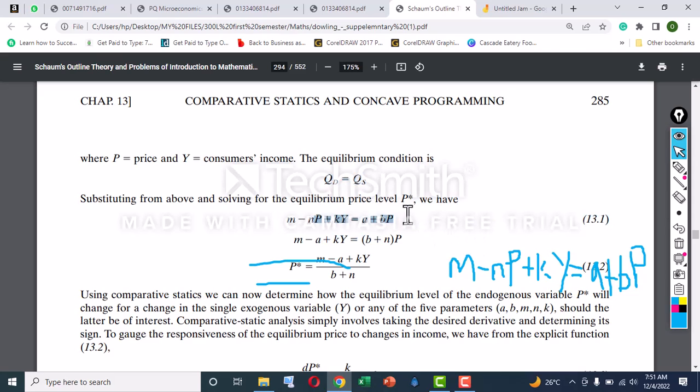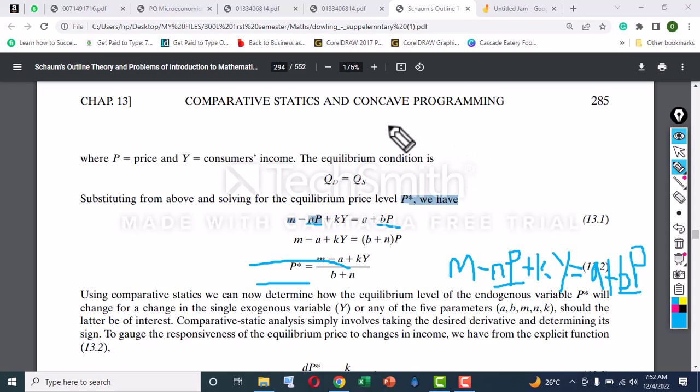Now the best thing I'll ask you to do here is to collect like terms. All of them are letters, so how do we collect like terms? Look at the letters that are common. The one that is common here is P, the terms with P, MP and BP. Bring them together and see them as like terms, so we can make P the subject of the formula.